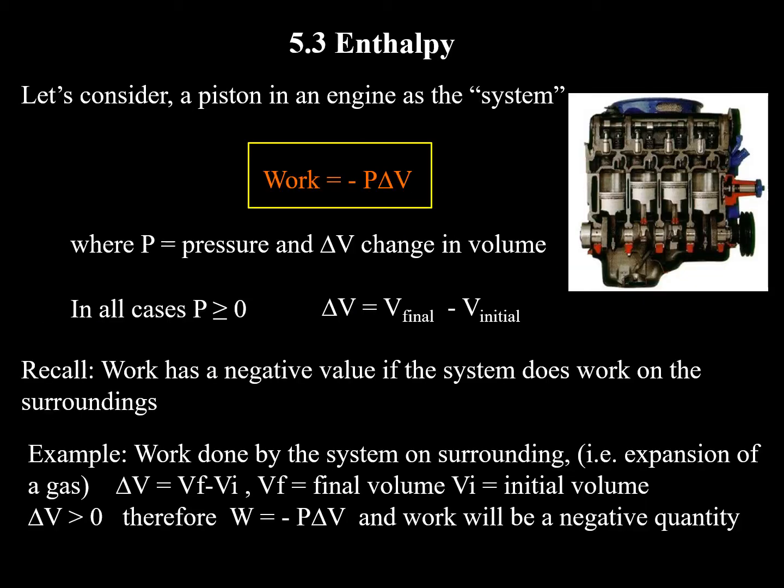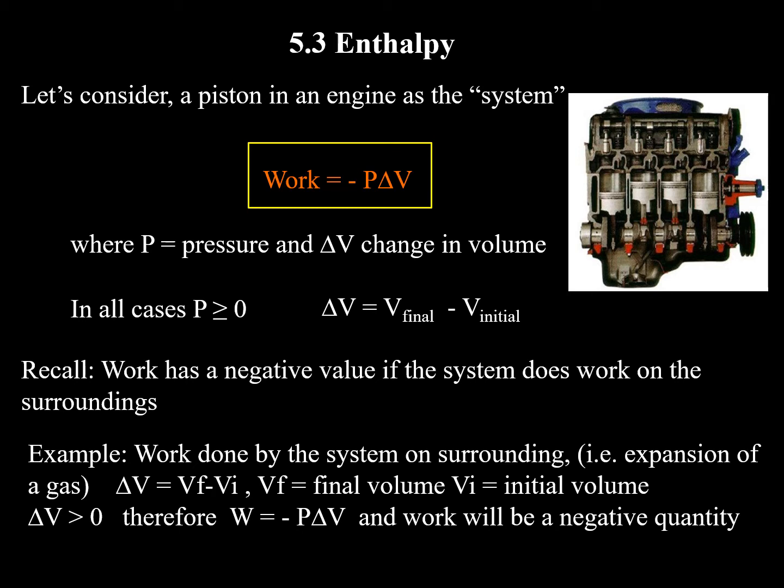So we have here an equation for work. Work equals negative pressure, P, times the change in volume, delta V. The change in volume is V final minus V initial, or V2 minus V1. And the convention we have established beforehand is that work has a negative value if the system does work on the surroundings.